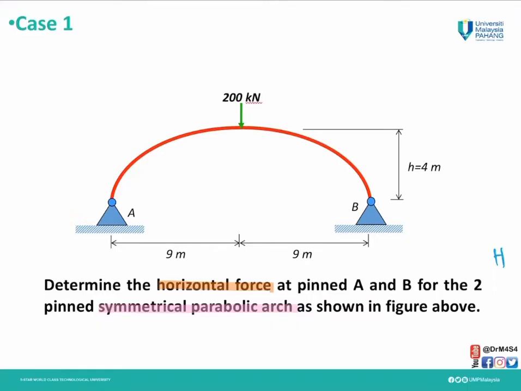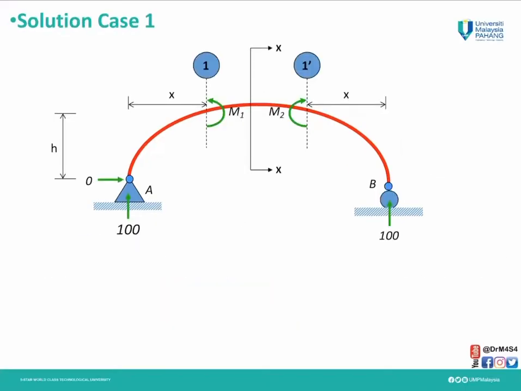That means we're going to change support B to a roller. That means no more horizontal force at B, no more H. Now we're going to cut it into half, into left side and right side.